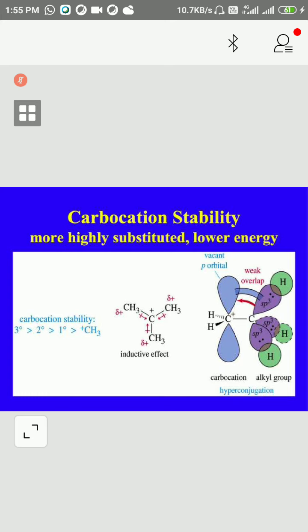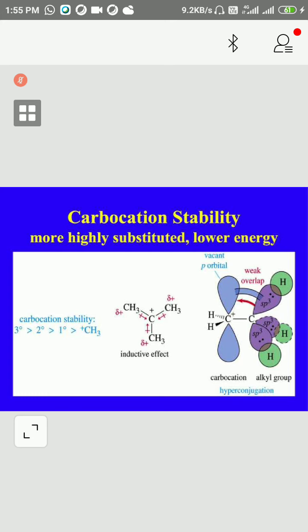If only one methyl group is there, only one stabilizing factor will be there. That's why tertiary is more stable. You can see here also, this is the carbocation carbon. Here there is one carbon with three hydrogens, and this has two hydrogens.